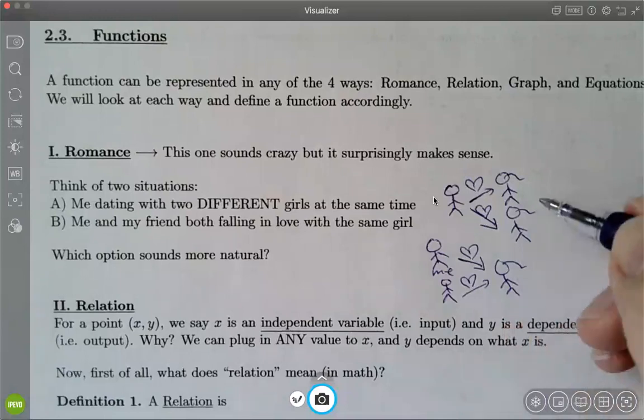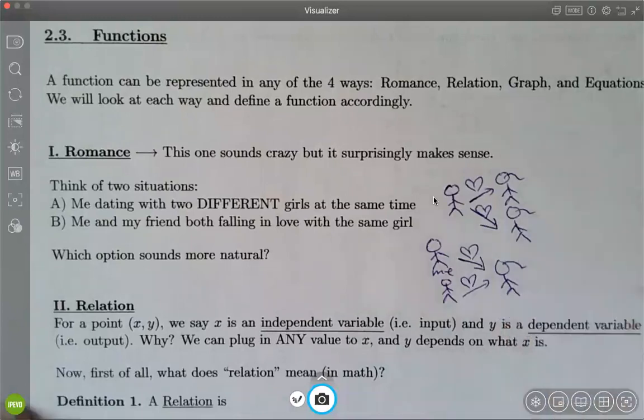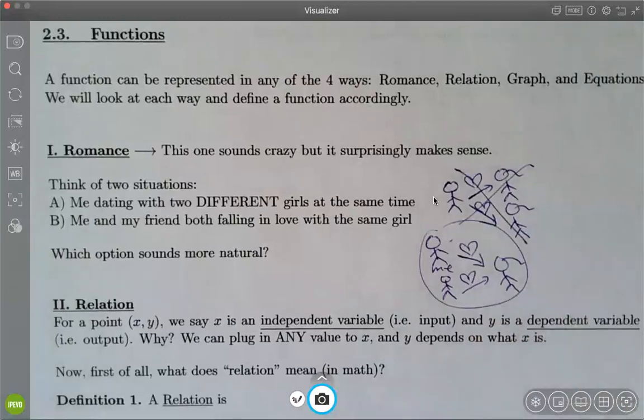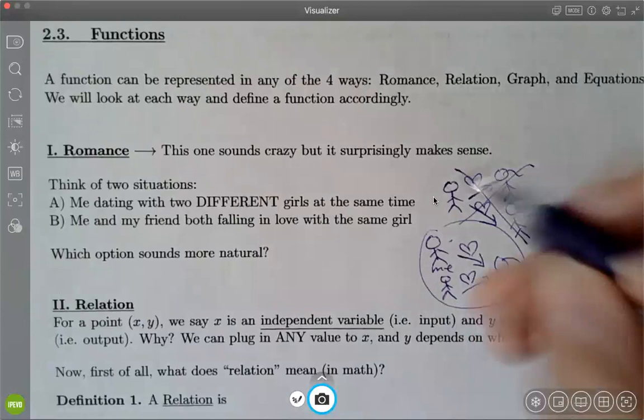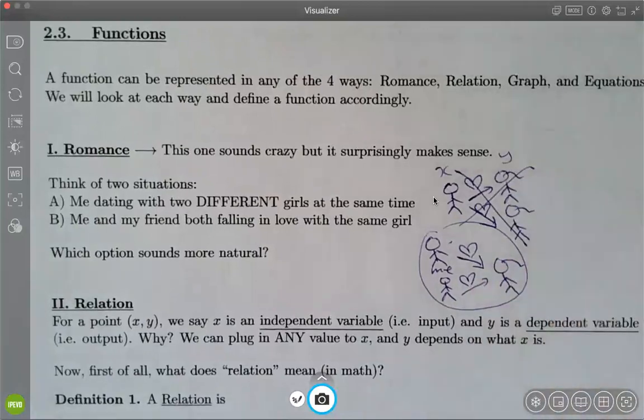But what about this? This one is slightly better, okay? So this one is a little bit better than this. So now what's the point? In a function, what cannot happen is the same x value cannot go to two different y values. That cannot happen in a function.